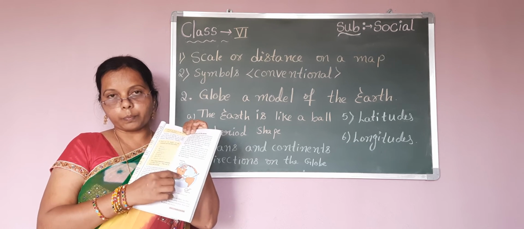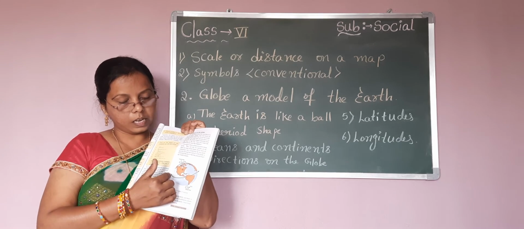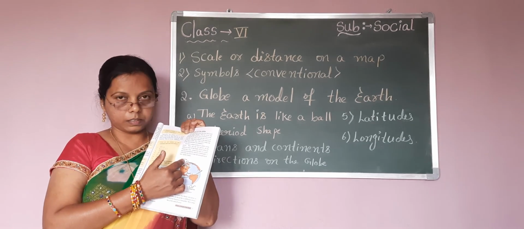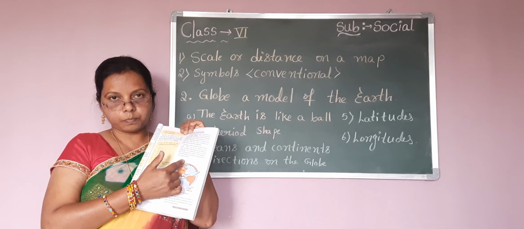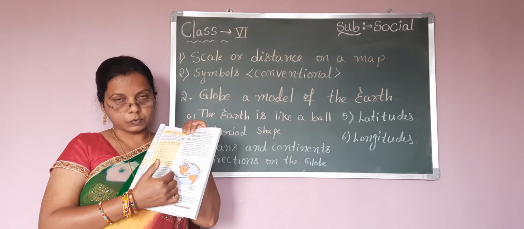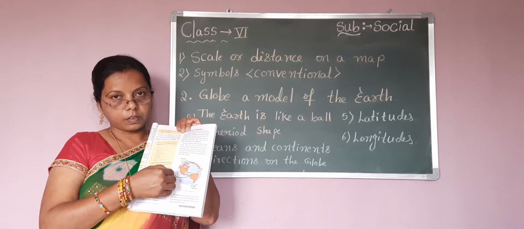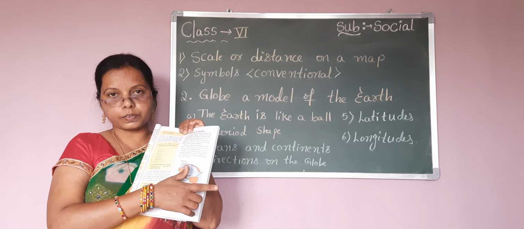We have 4 important directions: north, south, east and west. See here, this is north, south. North is always at the top of the globe, south is at the bottom of the globe, and west is towards our right and east is towards our left.